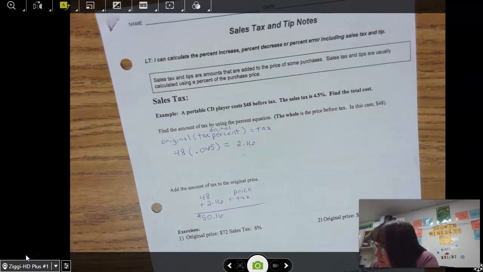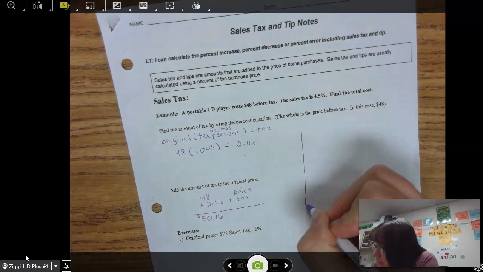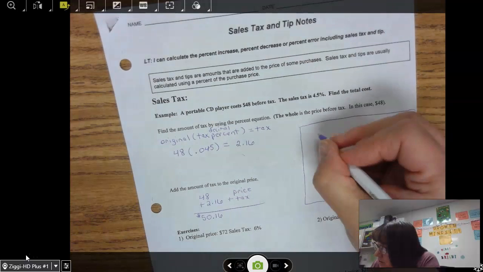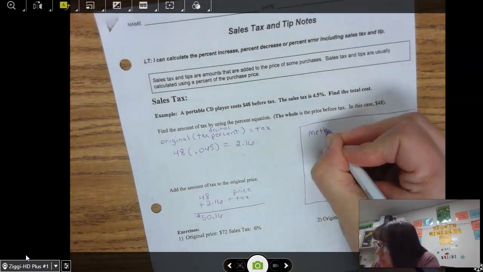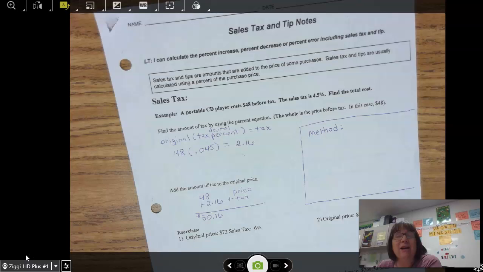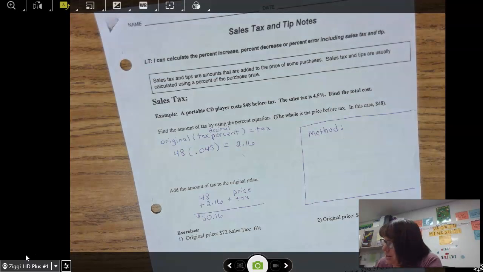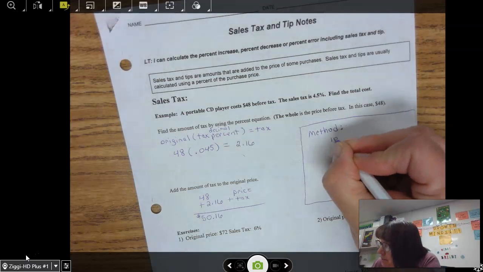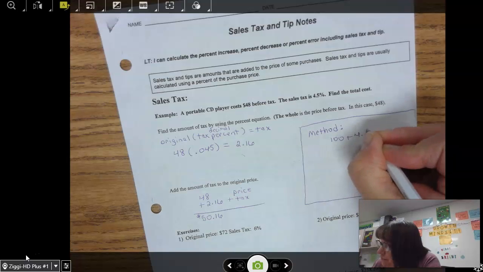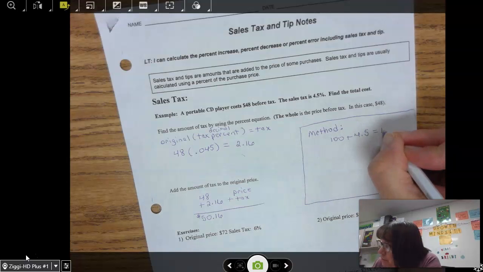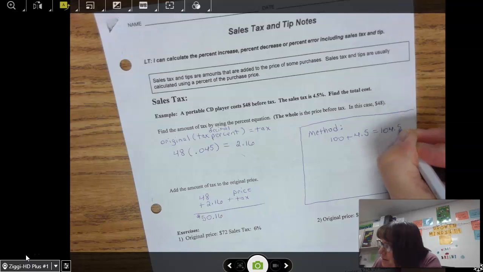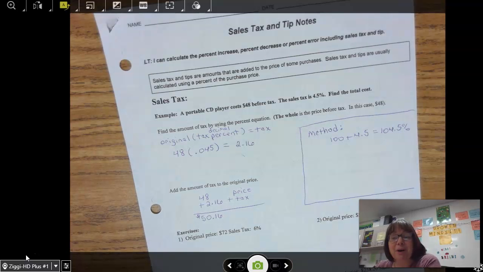Now, a little simpler way, you might prefer this method. We've been talking about more than 100%. So when I'm adding on a tax, I'm going to pay more than 100%. I'm going to pay 100% plus 4.5, which would be 104.5% in tax and price.